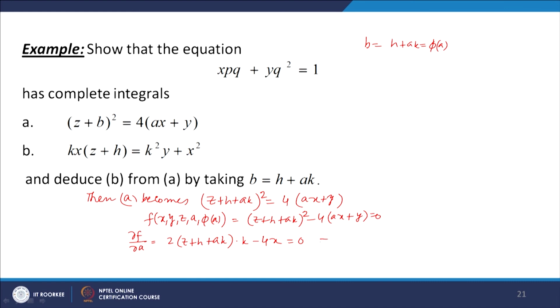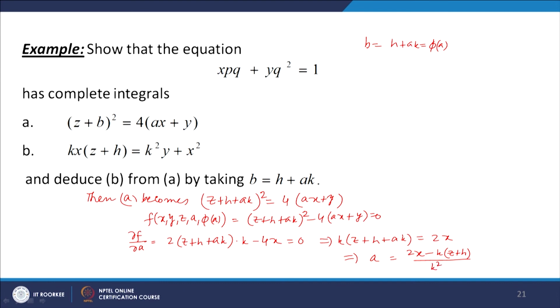So, this gives you z plus h plus a k into k equal to 2x. So, what we get, this implies a is equal to 2x minus k times z plus h divided by k square.